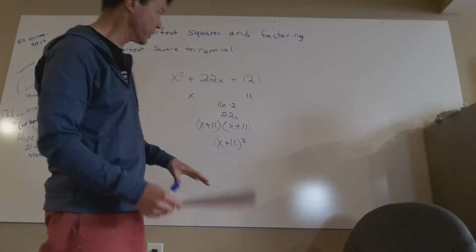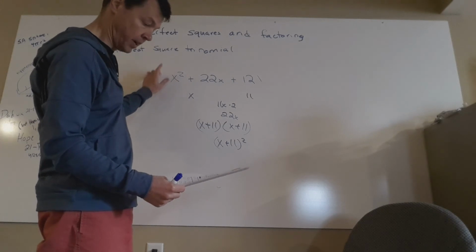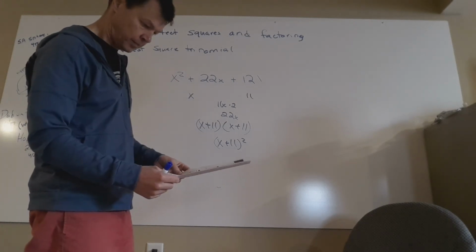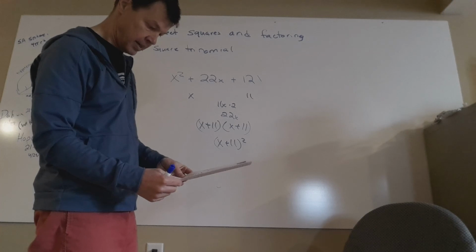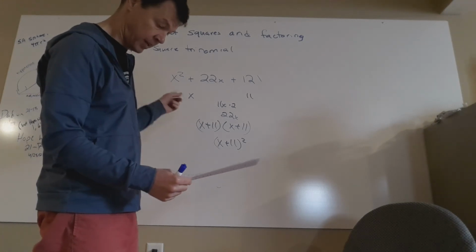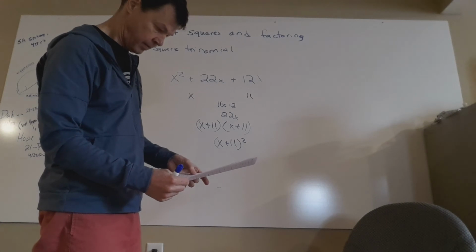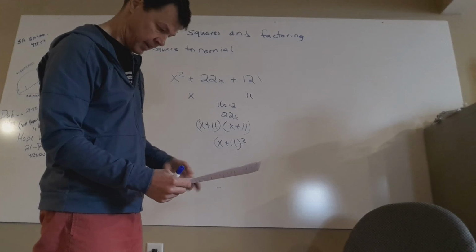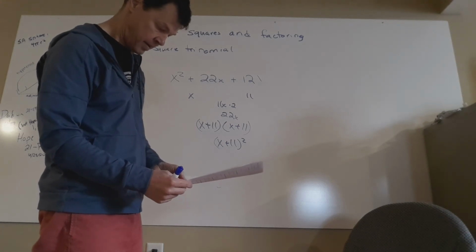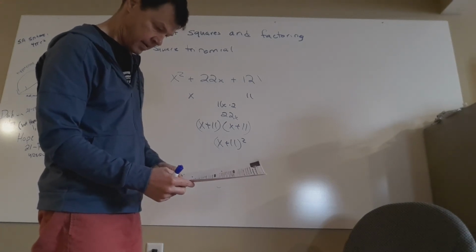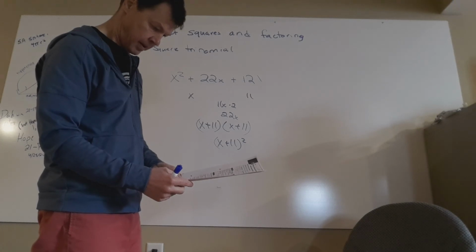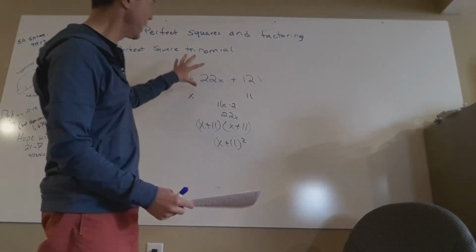Everything else can be factored, but not all of them can be factored like this. Number 9 cannot be factored like this, and neither can number 8 or number 4. Same way with 11 and 15. The rest can be factored like this.